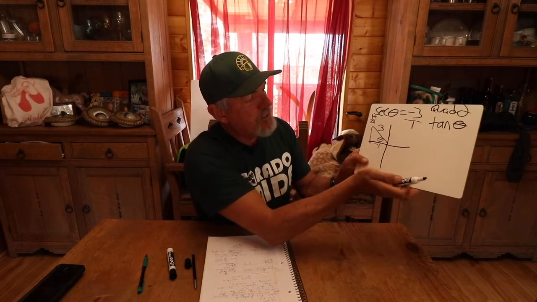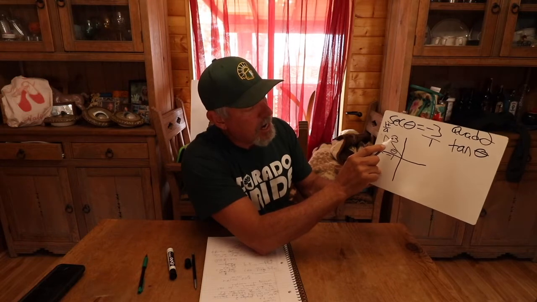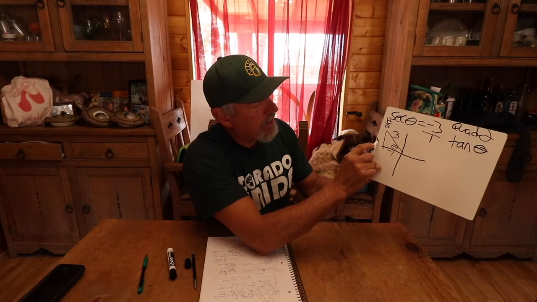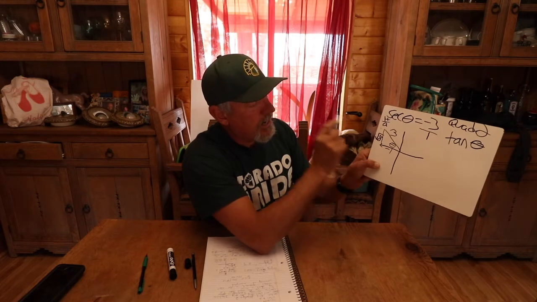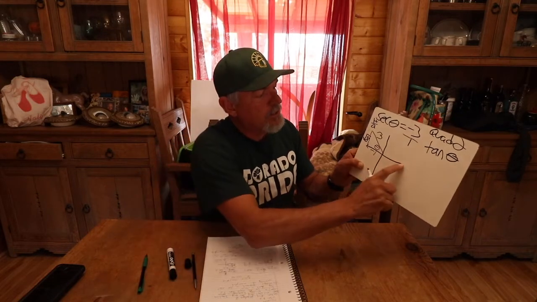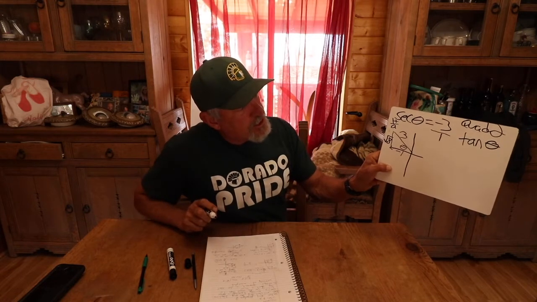And then to find your missing side, the opposite, use the Pythagorean theorem. It's going to be 9 minus 1, which is 8. It's going to be radical 8. I have all 3 sides of the triangle. Once you have all 3 sides of the triangle, you're set. They asked me to find tangent.